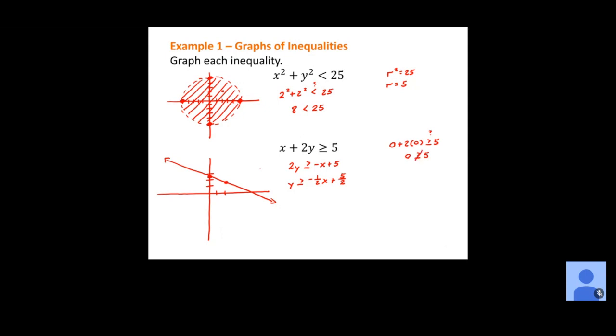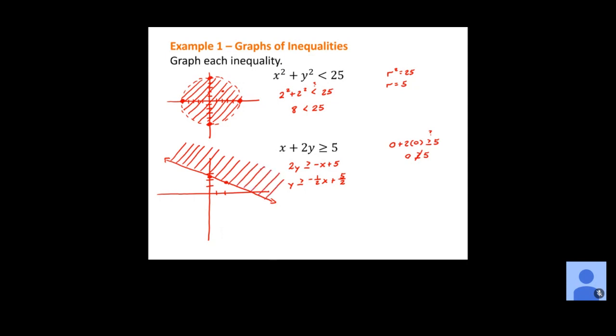It is not, right? So what does that tell us then about the way we're going to shade? Okay, good. The top is going to be shaded because we need to shade everything away from the point 0, 0. So that means I'm going to shade everything in this direction since 0, 0 did not make it a true statement.